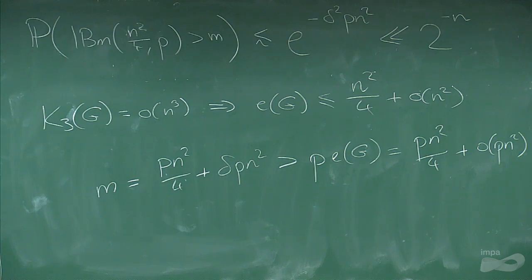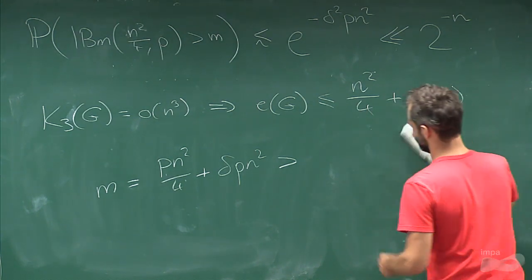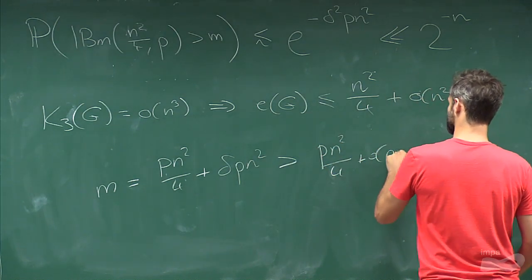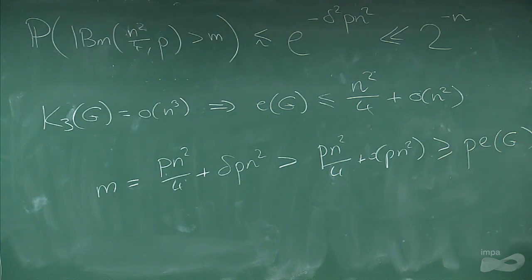Aren't the inequalities switched there? Because you have E of G smaller than something, right? Right. So like that. OK?